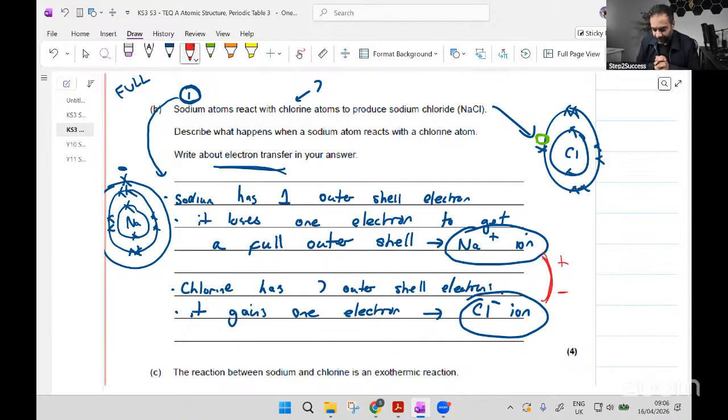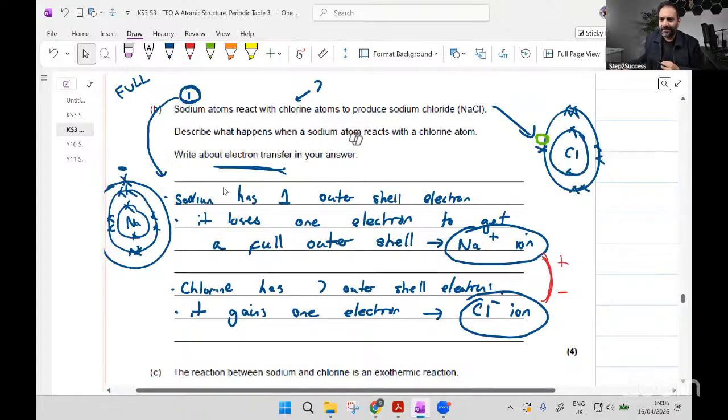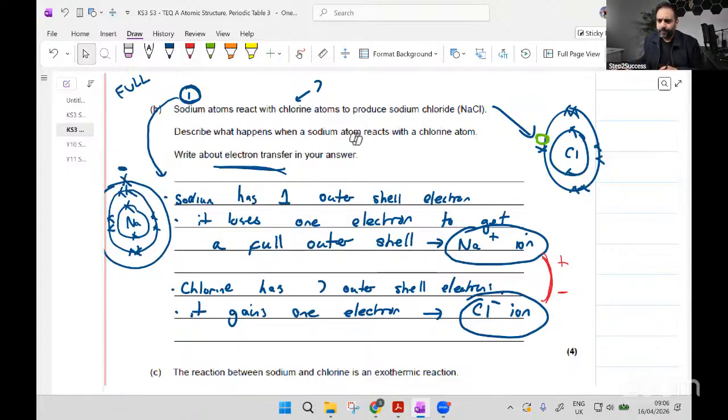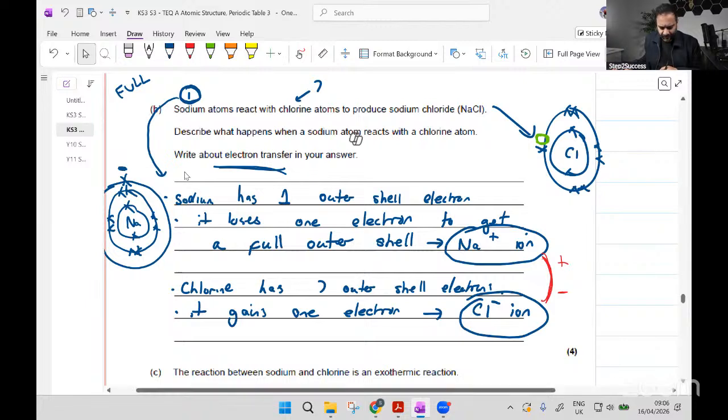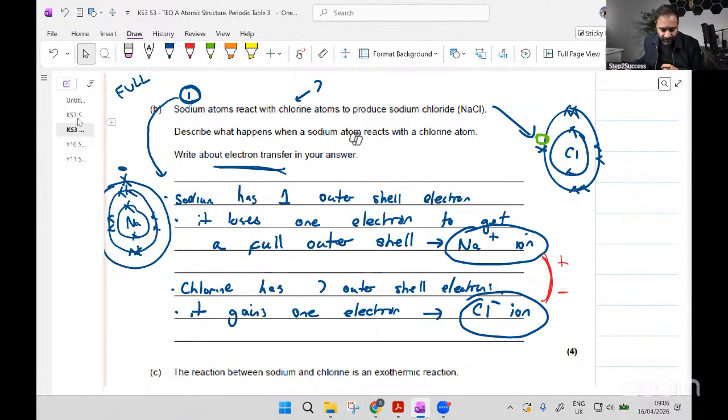So you get this attraction between these two, and that's why they bond together, and we get sodium chloride. If you can get to grips with that explanation, then it never changes with these questions. So over the next couple of years, you will find it easier to understand.